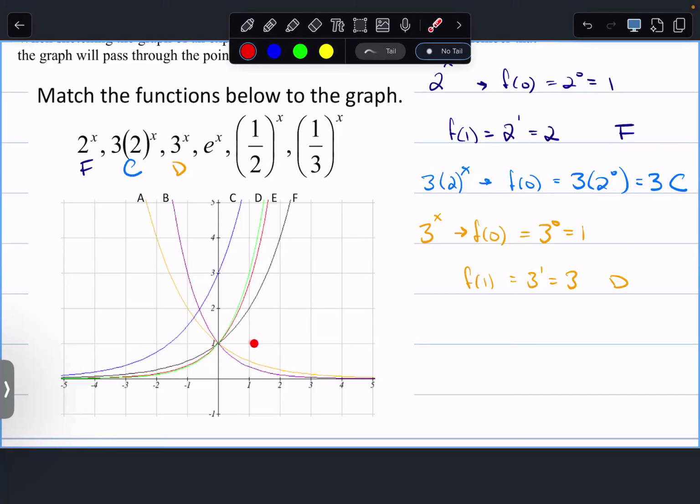They have to be decay, which leaves me with only one for e to the x. You can still go through the procedure, right? But it has to be E, because I've already used C, I've already used D, I've already used F, and so it has to be E because it's the only one that is left with growth.